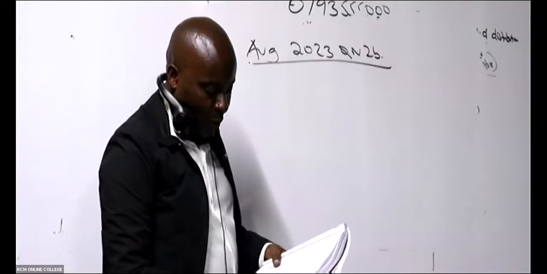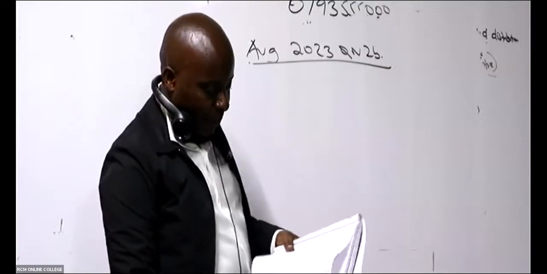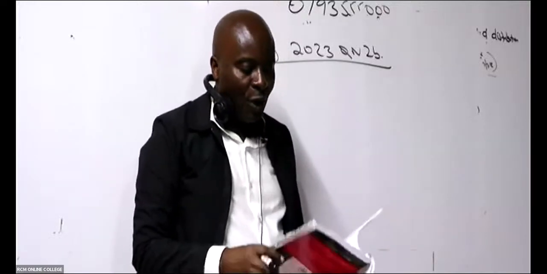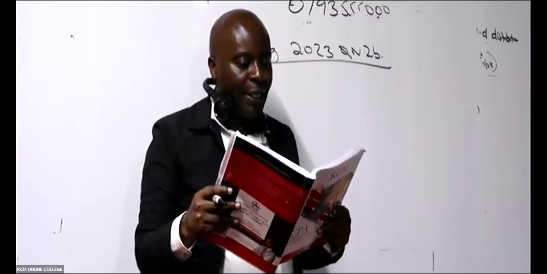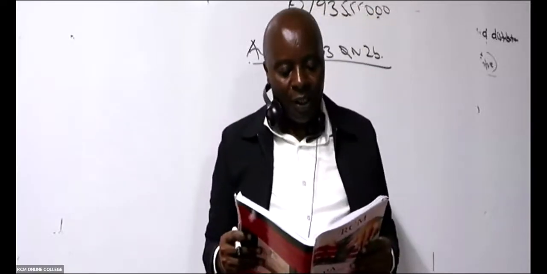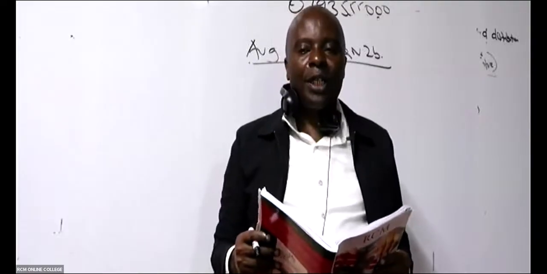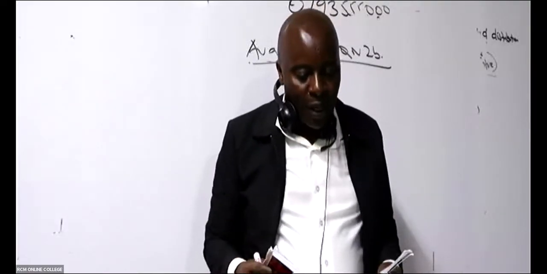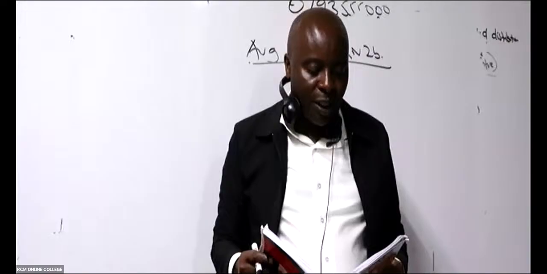So August 2023, question number 2. If you have this revision kit, it's on page number 43. Tazam Limited is developing a cost accounting system. Initially, it has been decided to create 4 centers. Accommodation deals with guests.